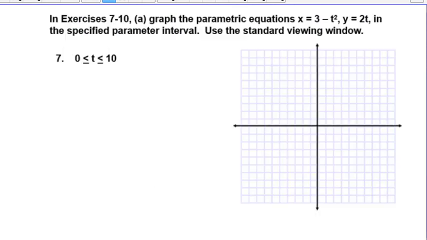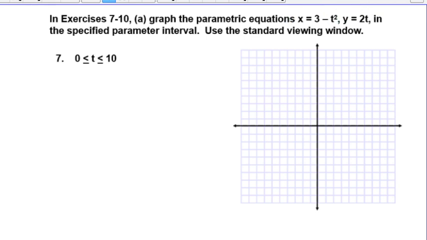Okay. Now these last few, they're pretty easy to graph. So what I want to do is graph number 7 and then go right to 10. No one told me that on the video the number 10 was not apparent. So we have two equations here. x equals 3 minus t squared, and really these constitute a parametric equation.